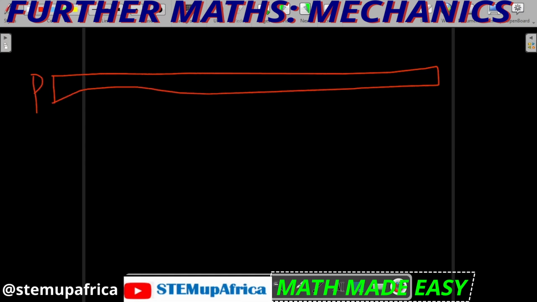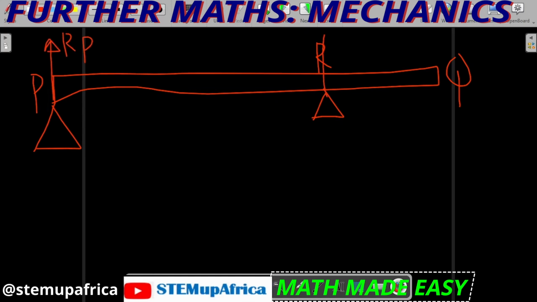Here is P, Q, as usual, and here is R. Then there is a support here at P, that's reaction P. There is a support here at R, that's reaction R. The weight of the beam is at the CG, and that weight is 120 Newton.